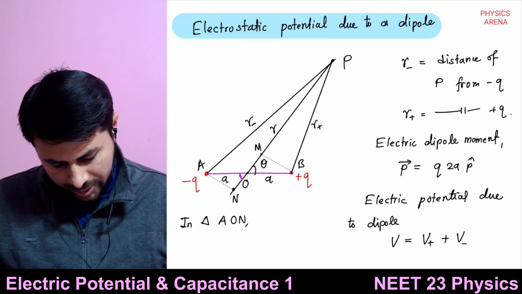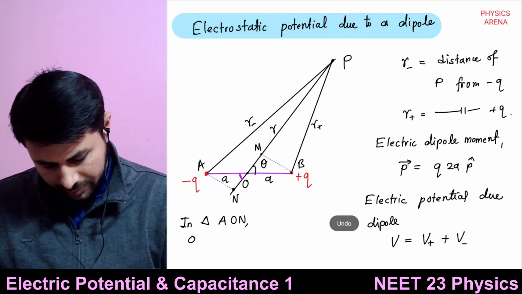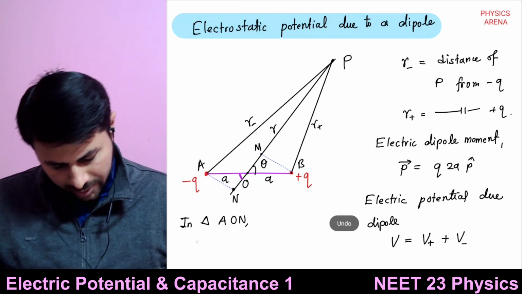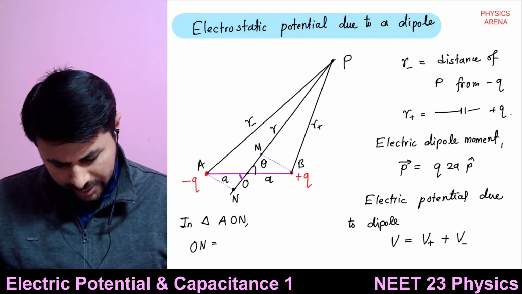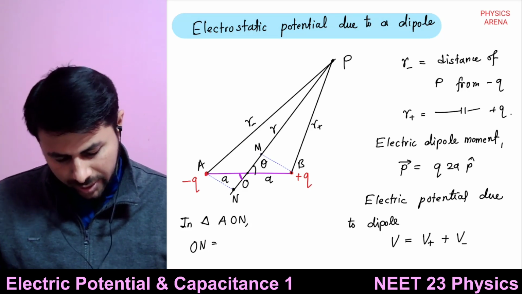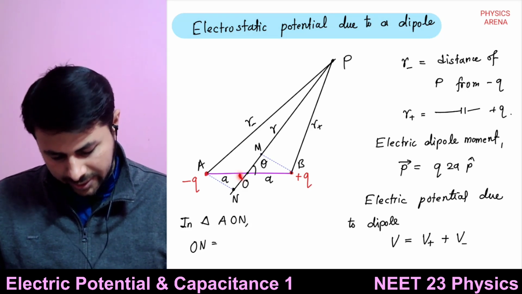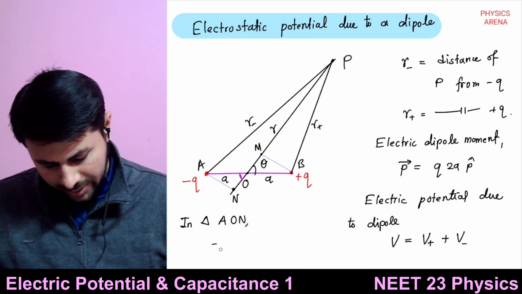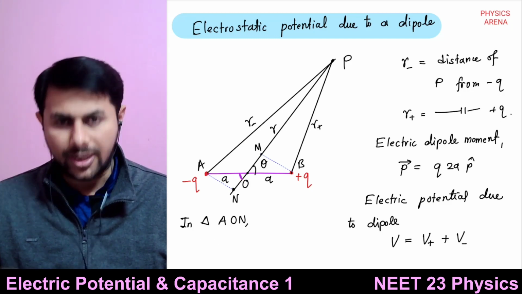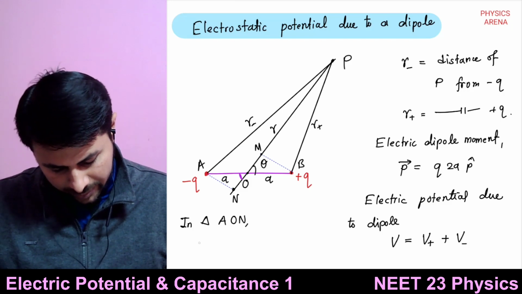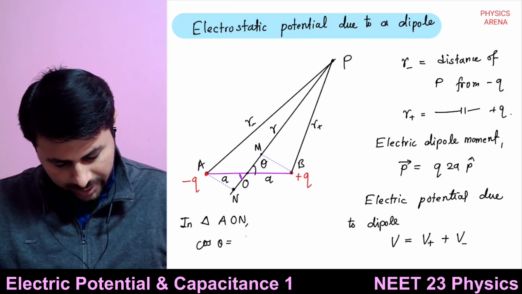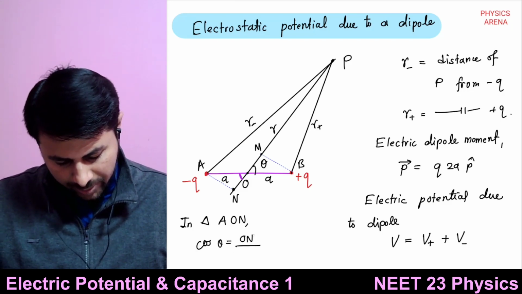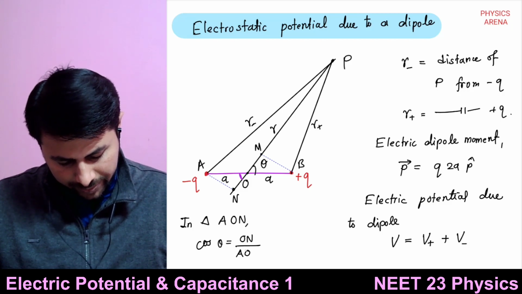Cos of theta is ON divided by the hypotenuse, which is AO.